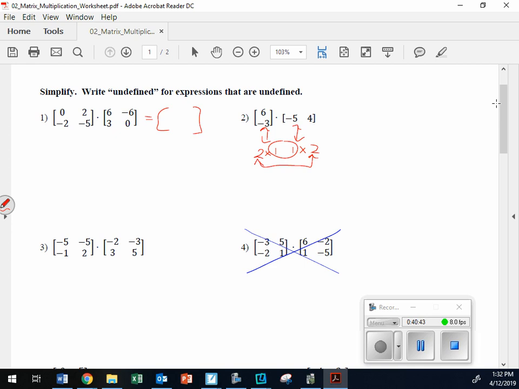Sometimes on the ACT, I've seen it actually say which of these matrices can't be multiplied, just to see if you know that little test. And this one can be multiplied, and the answer would be a 2x2. So then I put Easter eggs in here, and that's row 1, column 1. So this is row 1, this is column 1, negative 30.